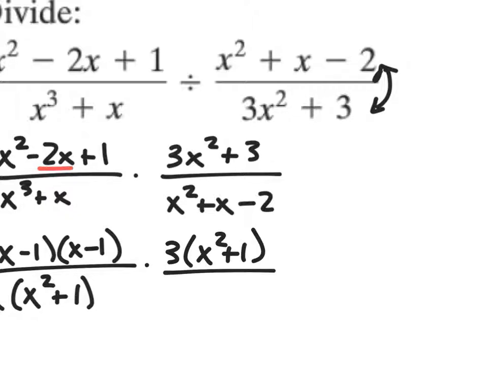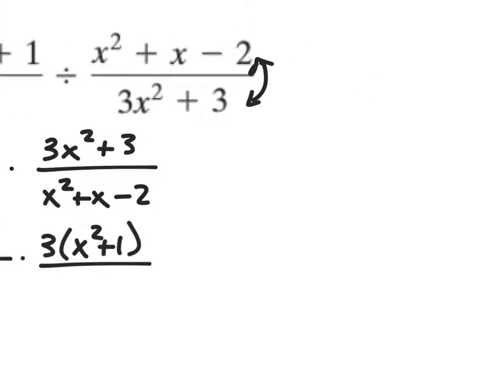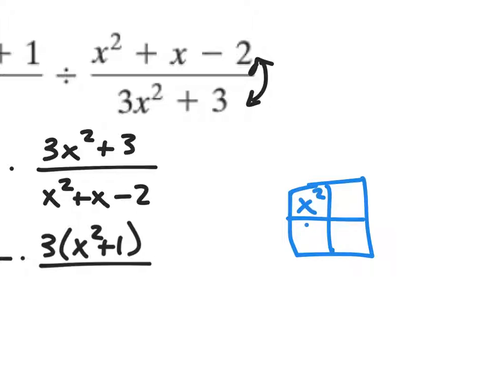All right, and then let's factor my denominator here. I'm going to do the box method here as well. Put x squared and then negative 2. So I've got x, two numbers that multiply to negative 2 but add to 1 would be x minus 1 and x plus 2.